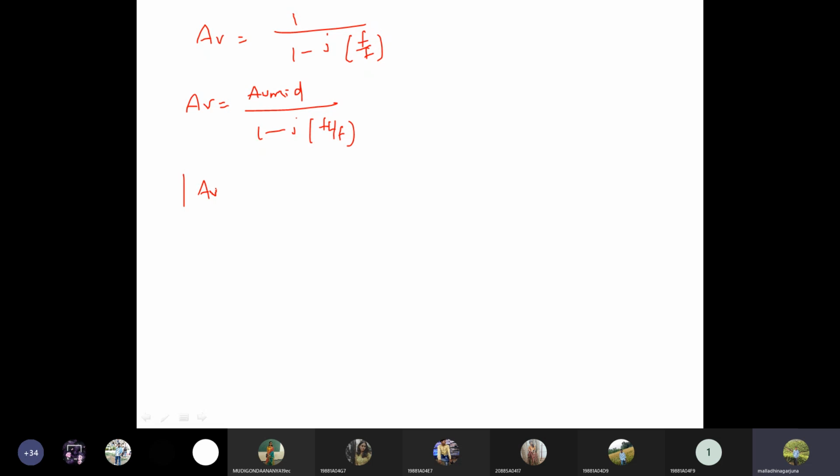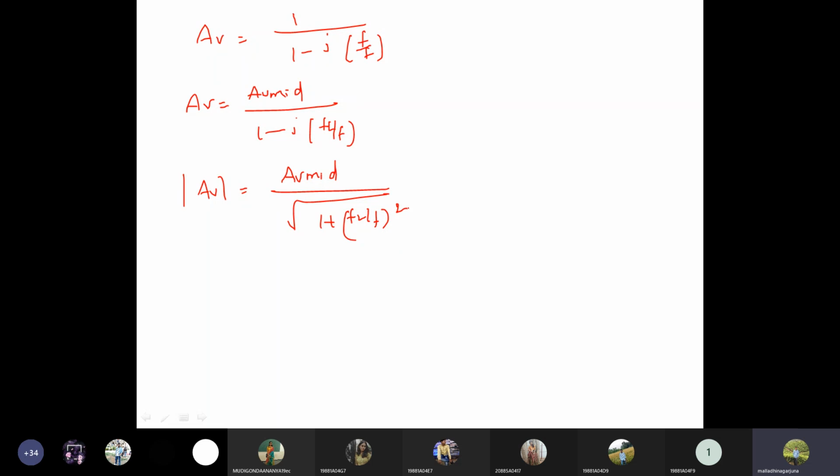So modulus Av equals Av mid divided by under root 1 plus FL by f whole square. This is for the high pass filter, and similarly you can do it for the low pass filter.